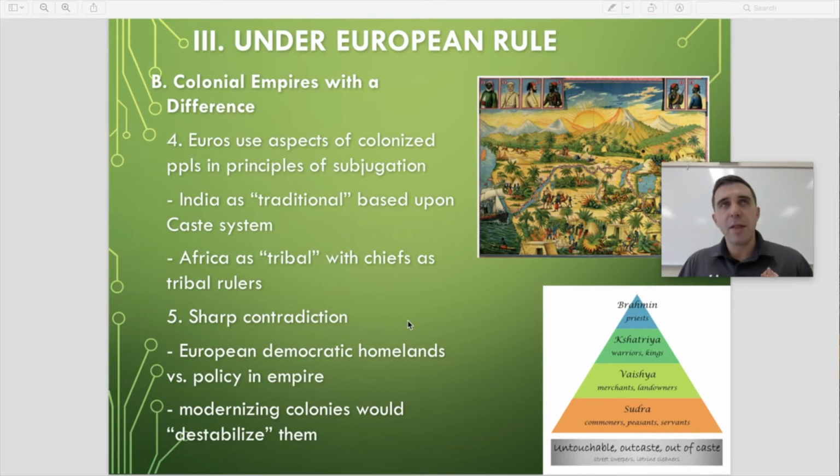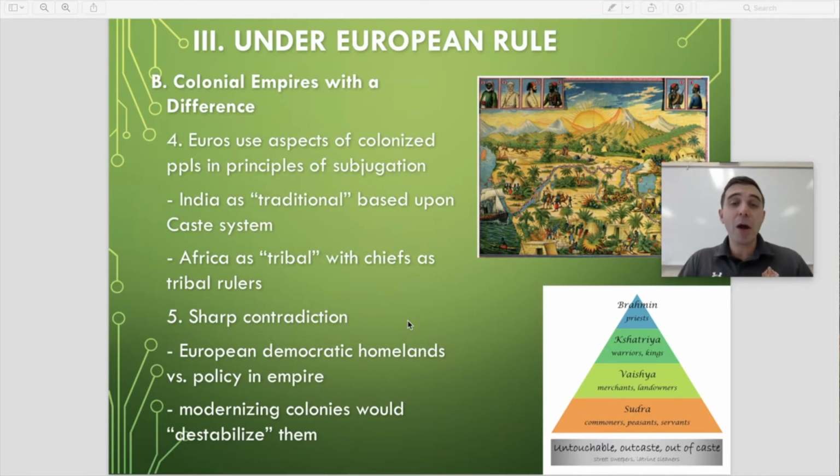Another contradiction that people will talk about in this time frame is that one of the ways the Europeans push back against the idea of modernizing these colonies is that they'll justify not providing as much education and support in terms of building these colonies into industrialized places.